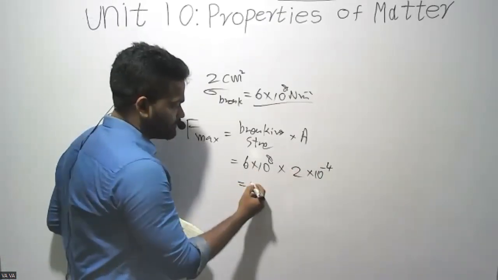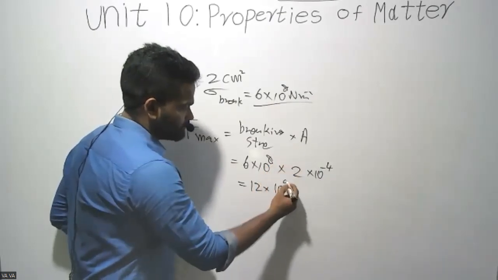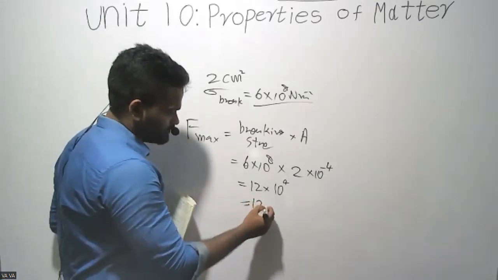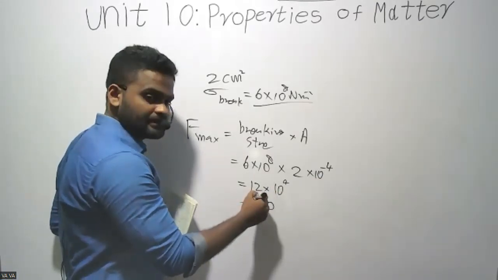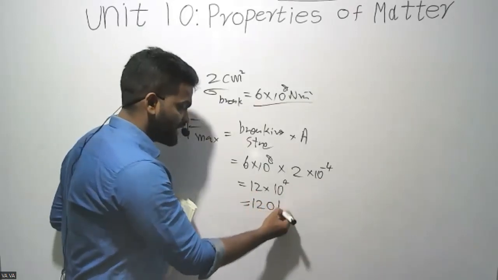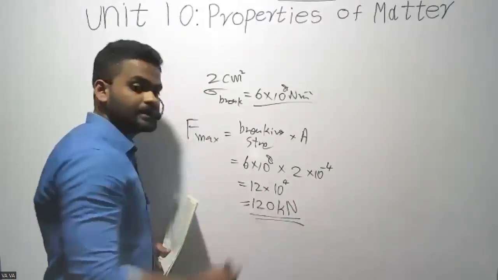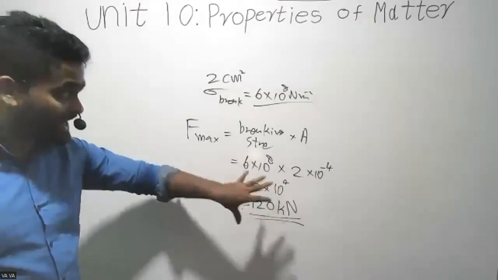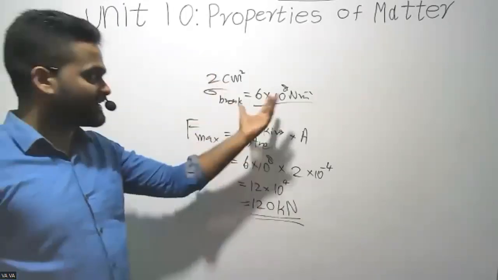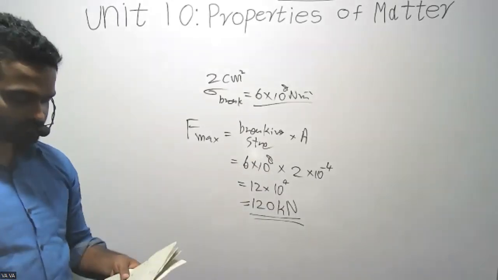So this is 12 times 10 to the power 4. Put a 10 here, then this is 120, then there's 1,000 remaining. I can put a kilo there instead of 1,000. So this is 120 kilonewton. So you can apply 120 kilonewton force without breaking this wire, right?